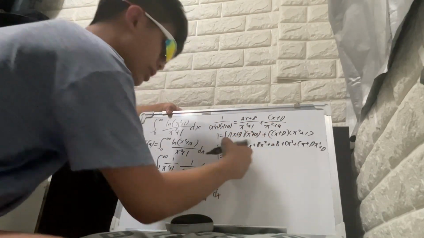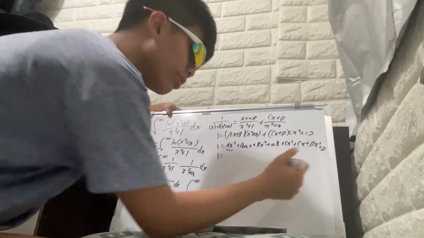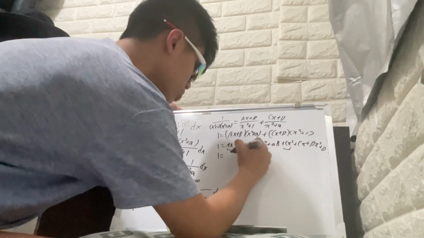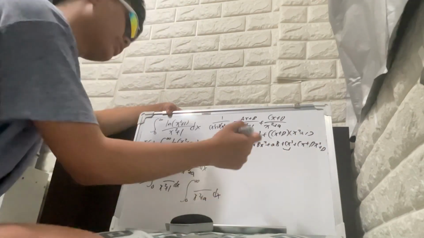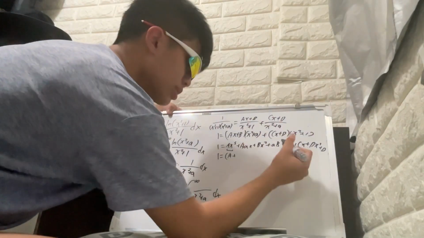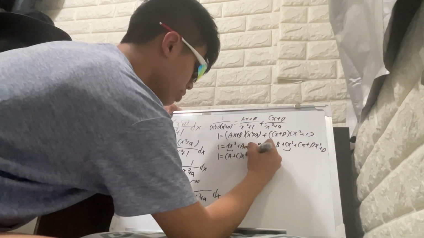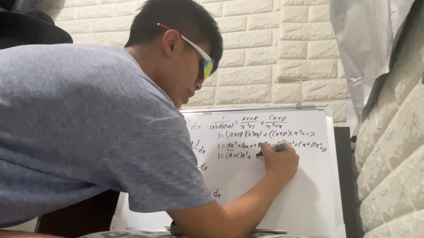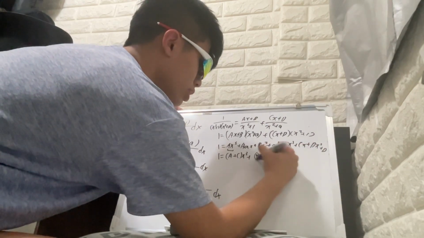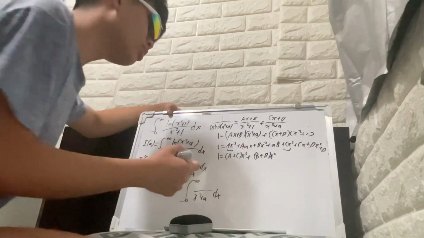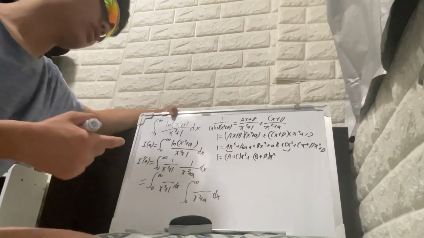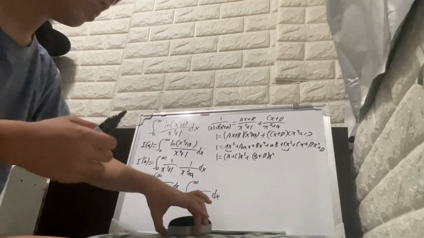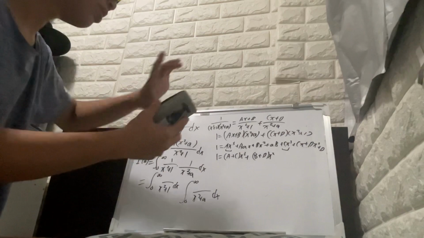You get A times x cubed and C times x cubed, so you factor it as (A plus C) times x cubed, plus (B plus D) times x squared, and so on. Let me write down an a in front.